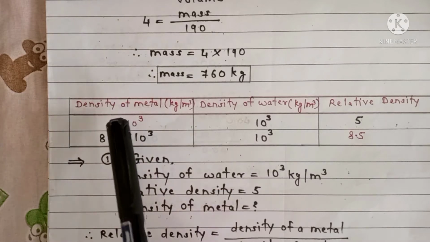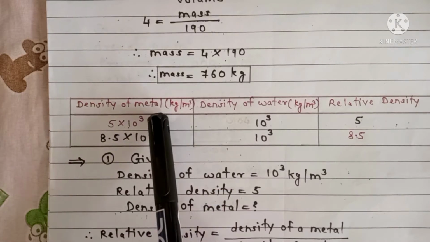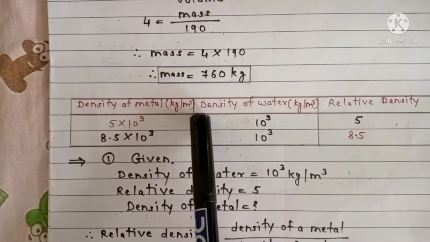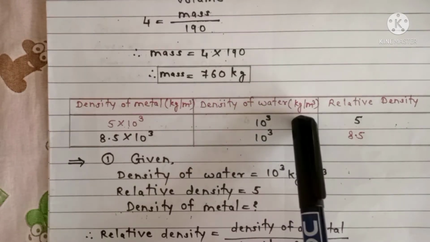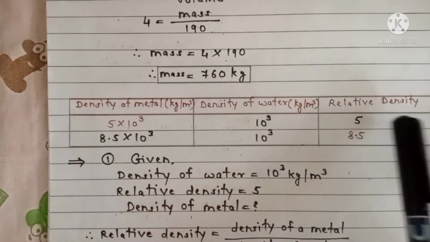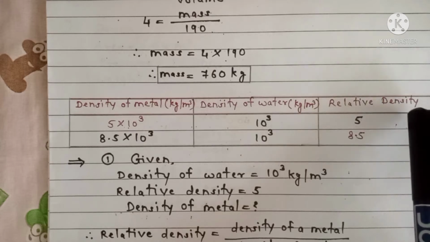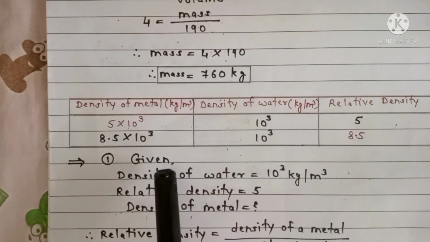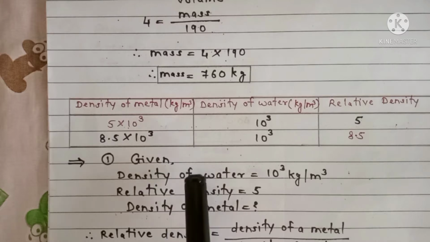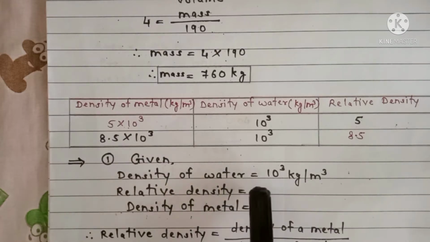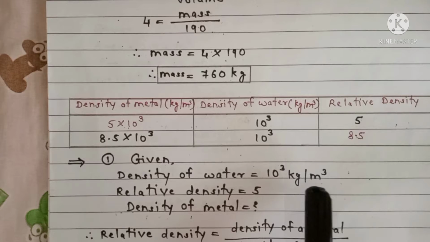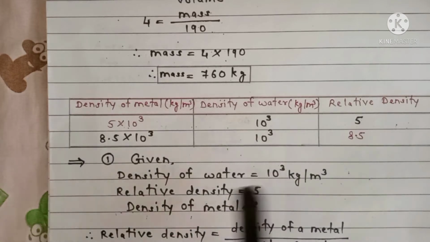Now the next table is given, that is density of metal in kilogram per meter cube, density of water in kilogram per meter cube, and relative density, and somewhere we have to calculate. In the first example, density of water is given, that is 10 raised to 3 kilogram per meter cube, and relative density is given 5.